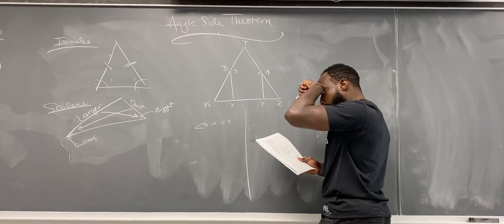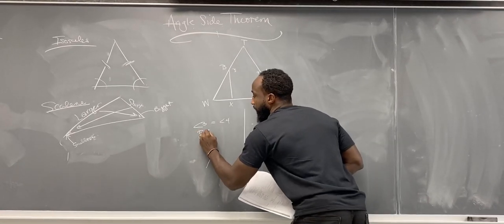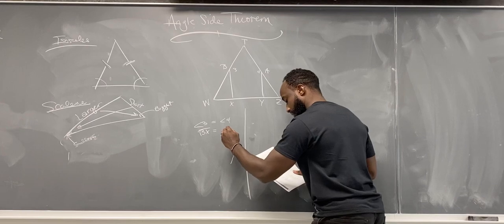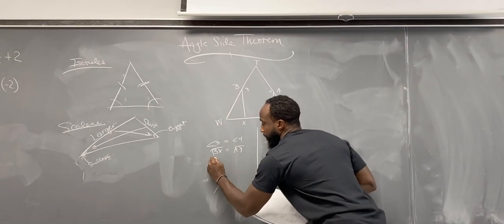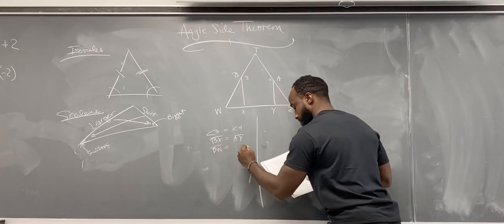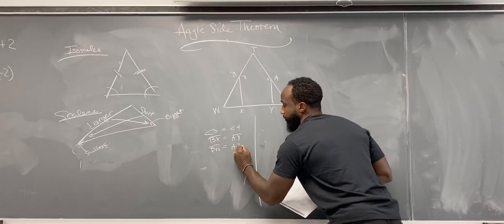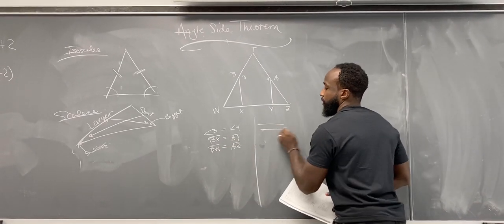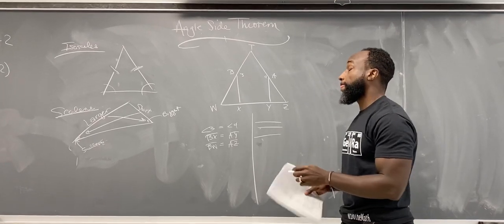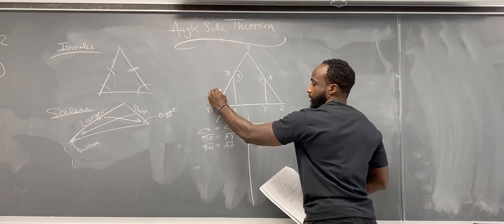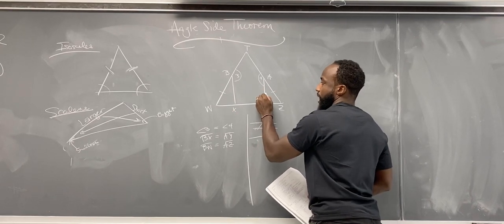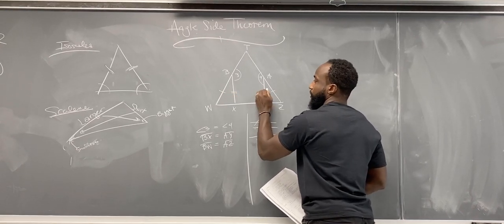They also said segment BX is congruent to segment AY, and BW is congruent to AZ. Those are the givens. Let's mark that off in our picture. Those are congruent, these are congruent, and these are congruent.